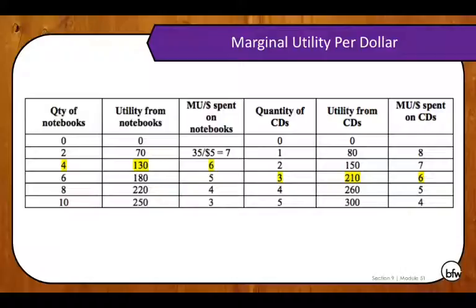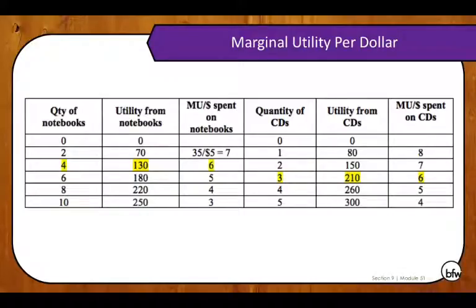So when Bruno goes from 0 notebooks to 2 notebooks, his total utility increases from 0 to 70 happy points, as shown here. And notebooks cost $5 each. So the marginal utility is equal to the 70 happy points divided by the 2 notebooks, and that equals 35.